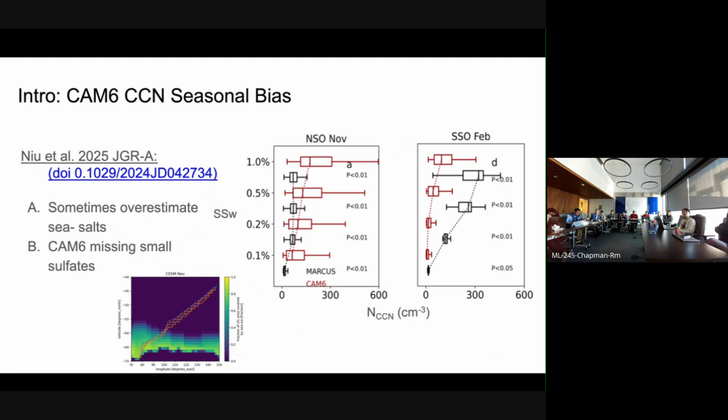This is a paper published in 2025 talking about not just the season, not just latitude; the bias of CCN is very significant, but also the seasonality is not captured by the model. On the right, I showed the CCN supersaturation spectra over the NSL, northern Southern Ocean, in November and the SSL, southern Southern Ocean, in February.